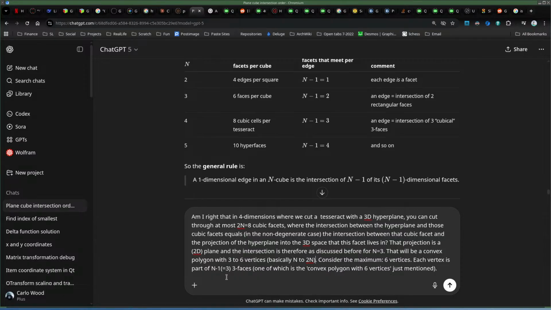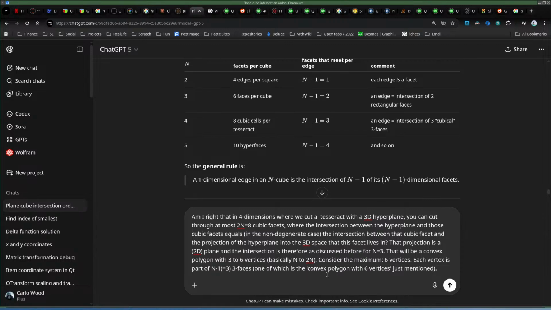Each vertex is part of three faces. Is it called three face? Yeah, 3 faces. One of which is the convex polygon with 6 vertices that we just mentioned.